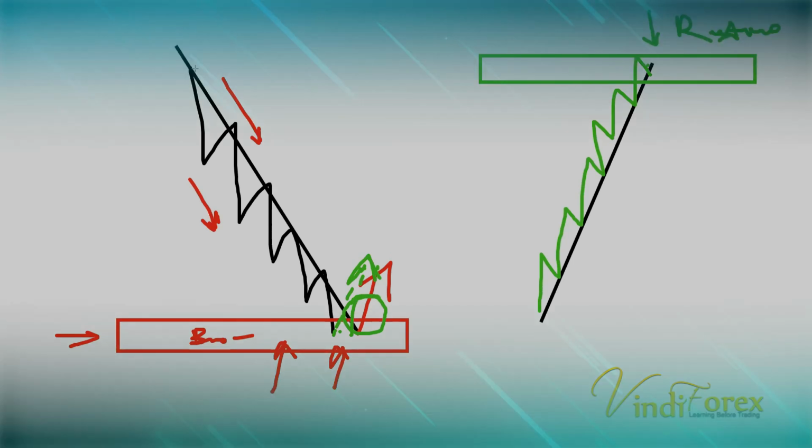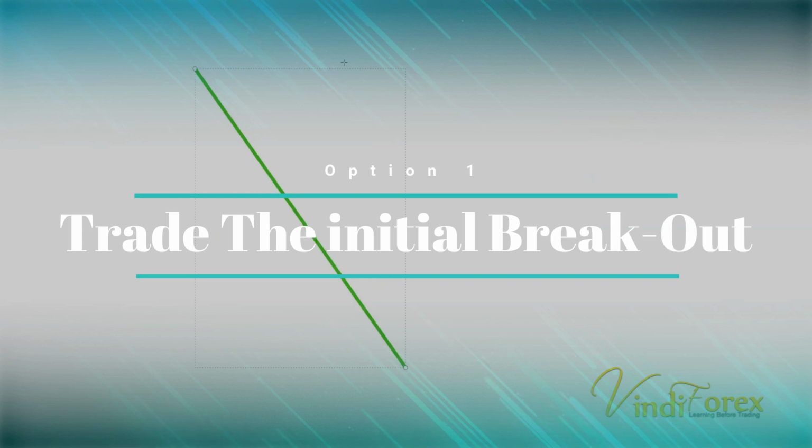The first one, obviously, is to take a trade as soon as price breaks out of that particular trend line. This is a very aggressive approach, because most of the time you're going to be subjected to fake outs where price breaks out and then comes back in and hits your stop, or creates a new low.